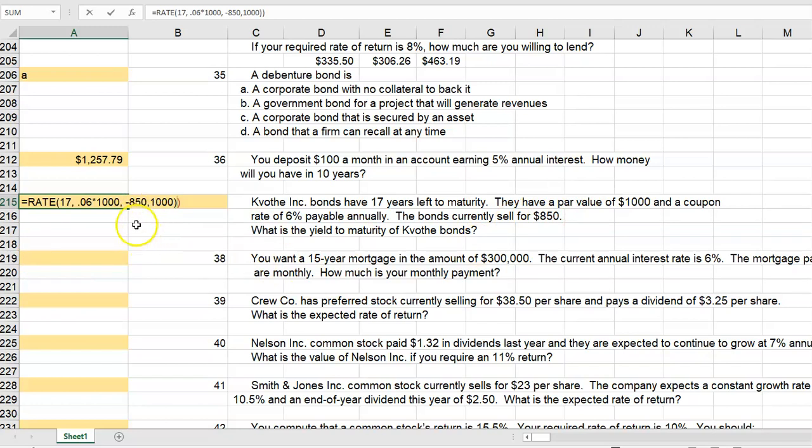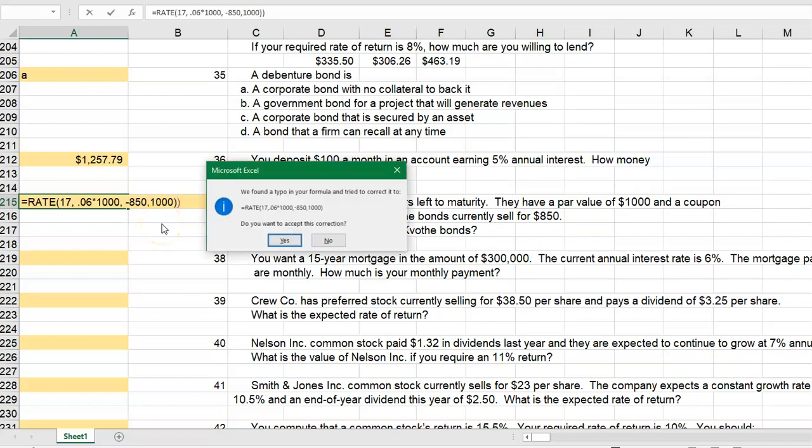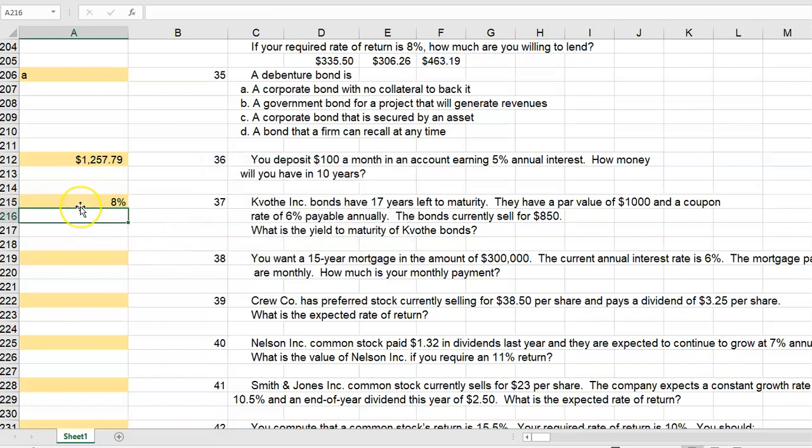I get that. Today, to buy that bond, I have to pay $850, so that's negative. And in the future, I get 1,000. Now, what did I do wrong? How can I be missing another parenthesis? Oh, I got too many in there. 8%. All right. Phew. I'll copy that one.